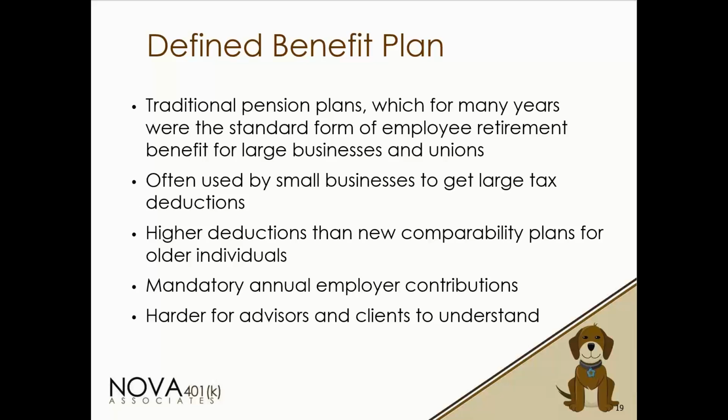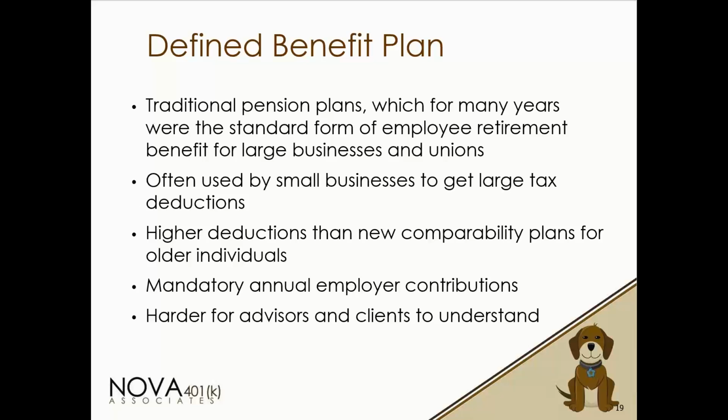So let's dive into DB plans. Why are we talking about DB plans? The short answer is because cash balance plans are a type of DB plan. And this is where we make the biggest leap in complexity. A DC plan is, as I mentioned, very, very easy to understand.